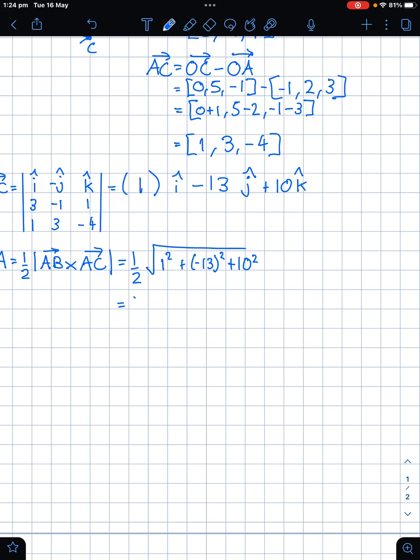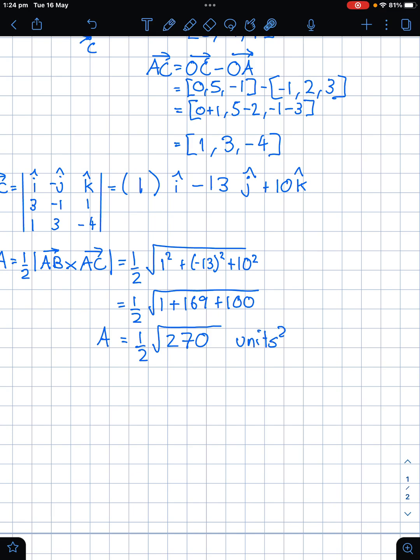All right, so this is going to be half square root of 1 plus 169 plus 100, which means it equals half root 270, since 1 plus 169 is 170 plus 100. You could take factors out of this to simplify it down, but they've written their answer as this. The area of a triangle is in units squared.